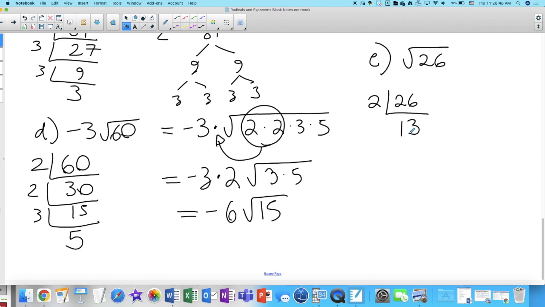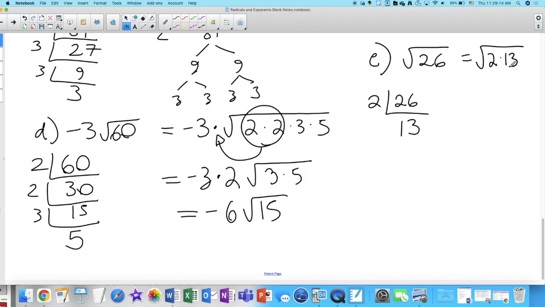All right, what do you think we can do here? Yeah, there's nothing we can do, right? This is fully simplified. If there's no pairs of primes and you're taking the square root, then your radical has already been simplified.